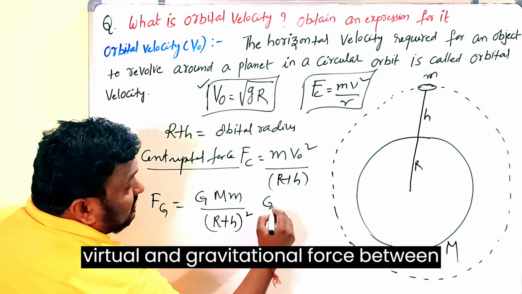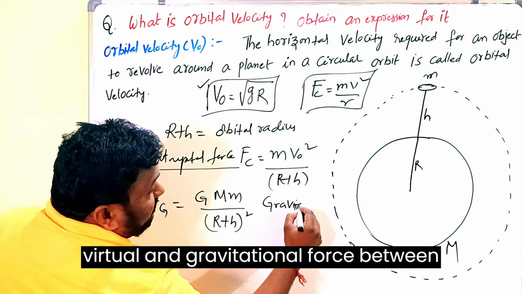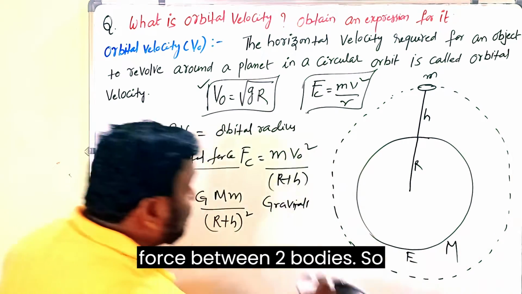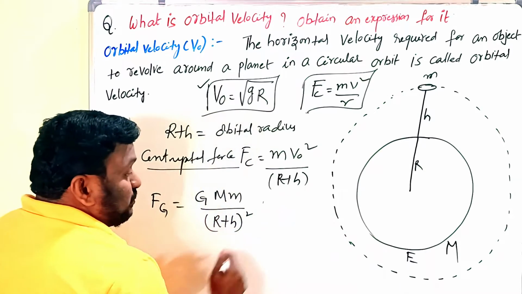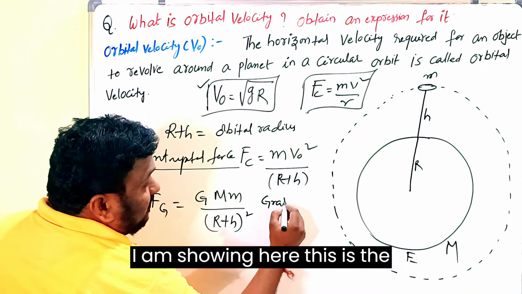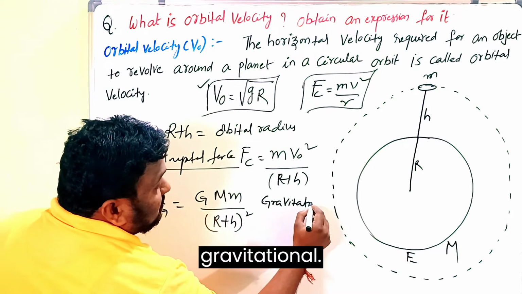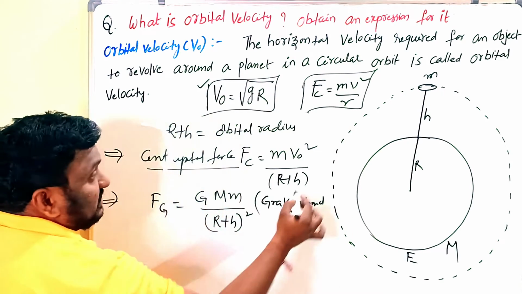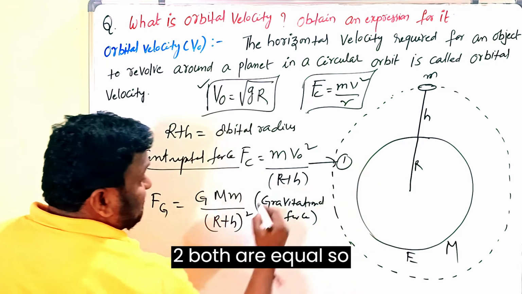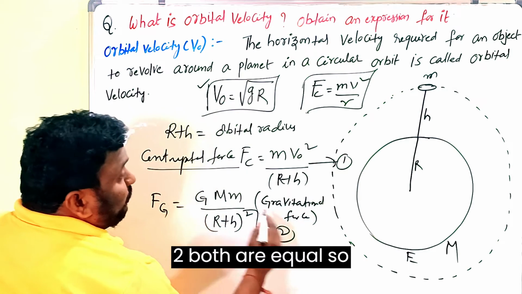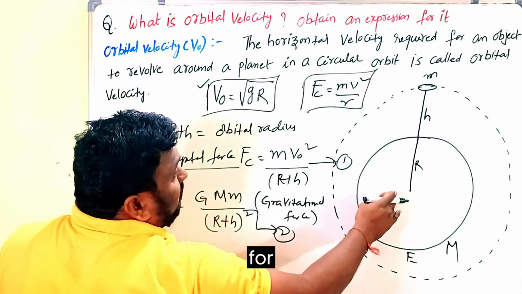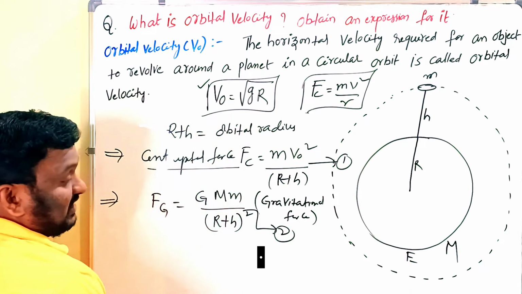This is the gravitational force between two bodies, equation number 2. When these two are equal, the body will move with constant orbital velocity.